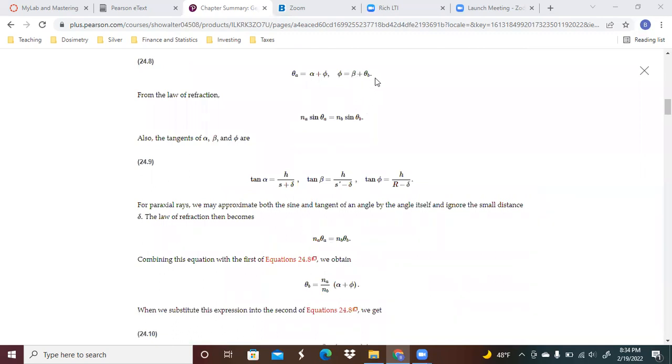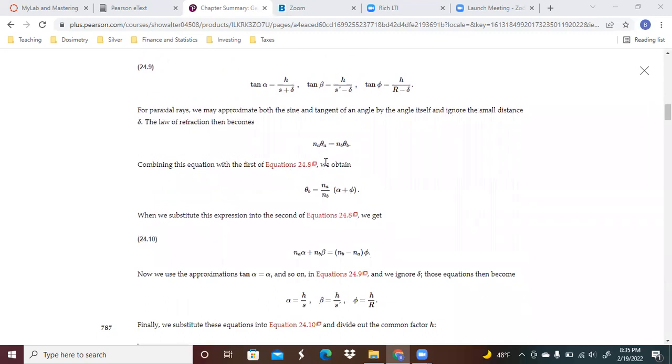And we know that phi is going to be equal to beta plus theta sub B. If you remember the law of refraction, the ratio of these indices, you can also take the tangents of these particular relationships, just like we did with the lenses and the mirrors before. Again, we can approximate both the sine and the tangent of an angle by the angle itself. And then the law of refraction ends up simplifying into this particular relationship.